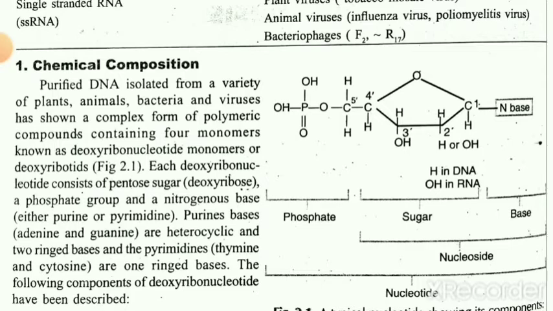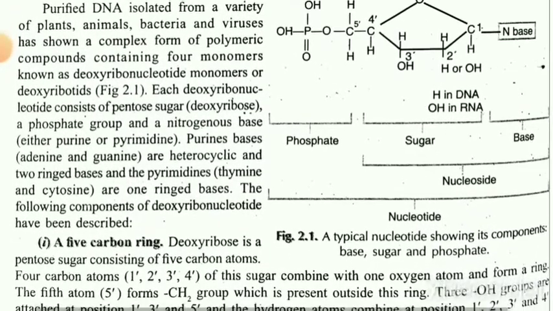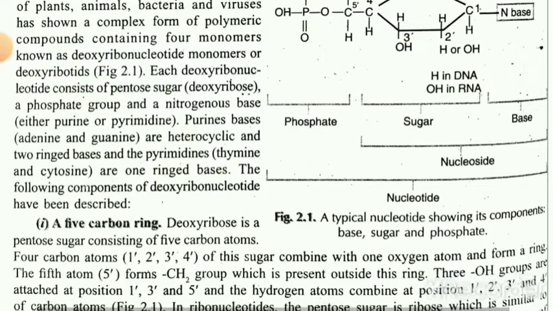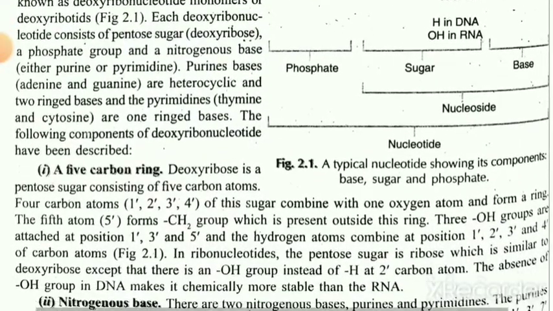The following components of deoxyribonucleotide have been described. 1. A 5-carbon ring. Deoxyribose is a pentose sugar consisting of 5 carbon atoms. 4 carbon atoms, 1', 2', 3', 4', of this sugar combine with 1 oxygen atom and form a ring. The 5th carbon atom, 5', forms a CH2 group which is present outside this ring.